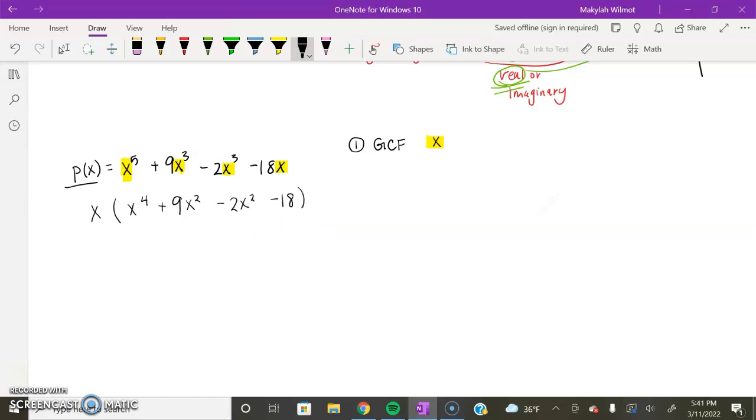Okay, well, we also have like terms, which you can do these two interchangeably, but so we have like terms right here. We have negative 2x squared, positive 9x squared. So we can go ahead and write that out with x to the 4th plus 7x squared.